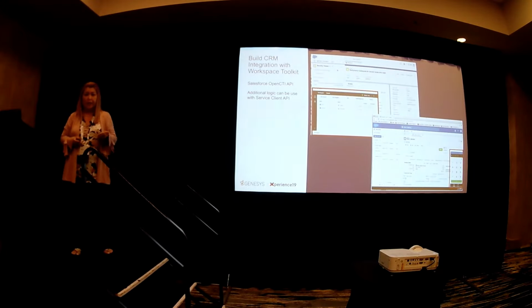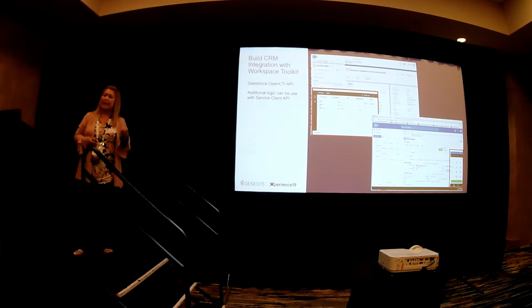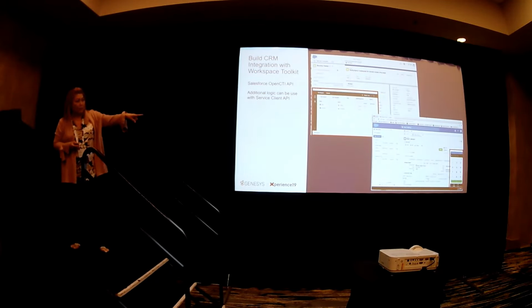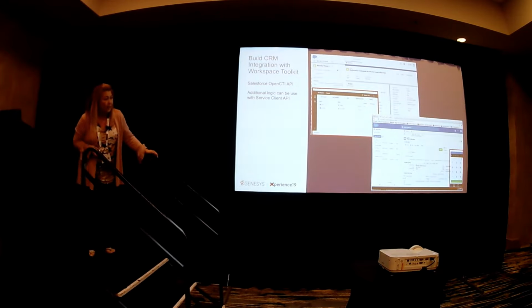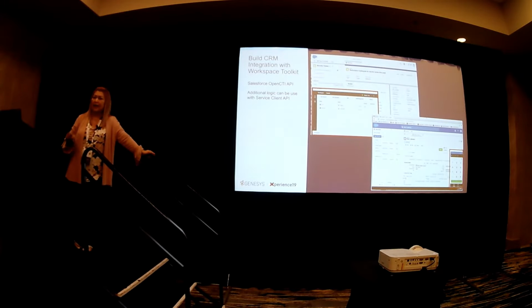We reused many of the options that Workspace offers to us, for example voice and work item. If we want to turn off work item, we can just set the options and it will turn it off. For many others, like the dialing, the make call, or even in the context of the transfer, we reuse a lot of that logic from the toolkit.